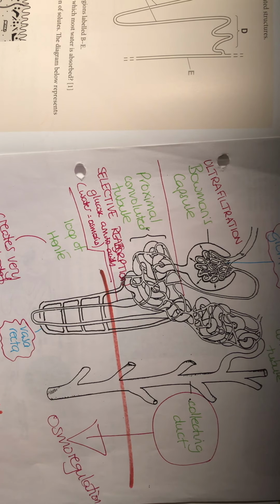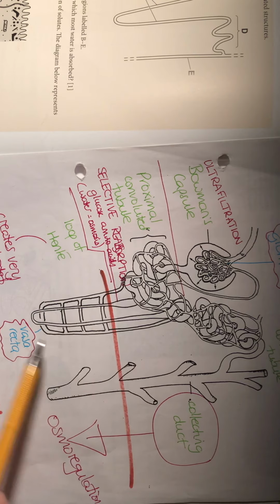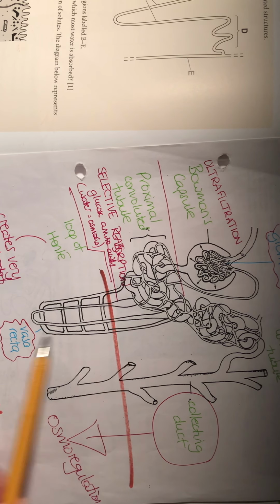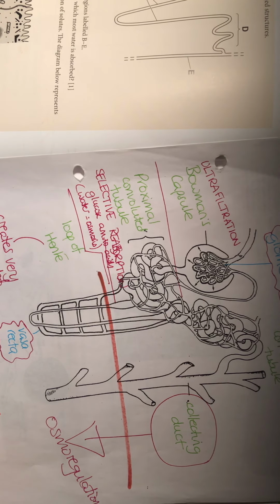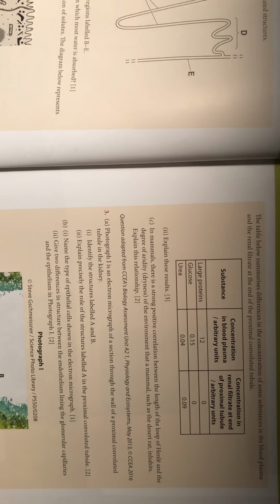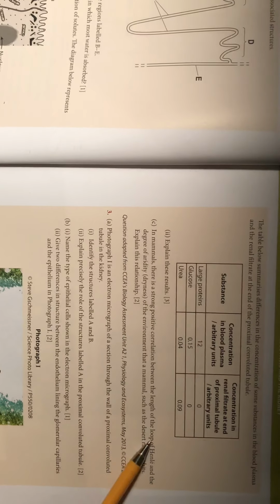That's because the loop of Henle creates a high concentration of salt as you move down through the medulla. And so something like the kangaroo rat lives in very dry or arid conditions, and therefore it needs to conserve as much water as possible so that it doesn't suffer from dehydration.